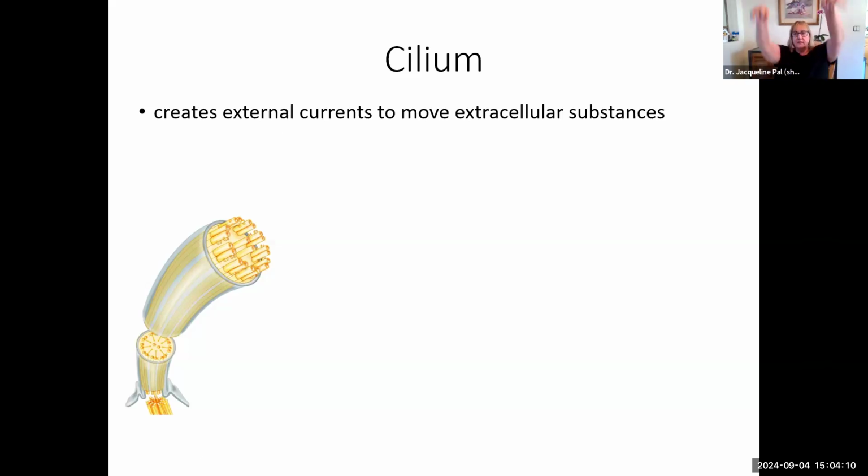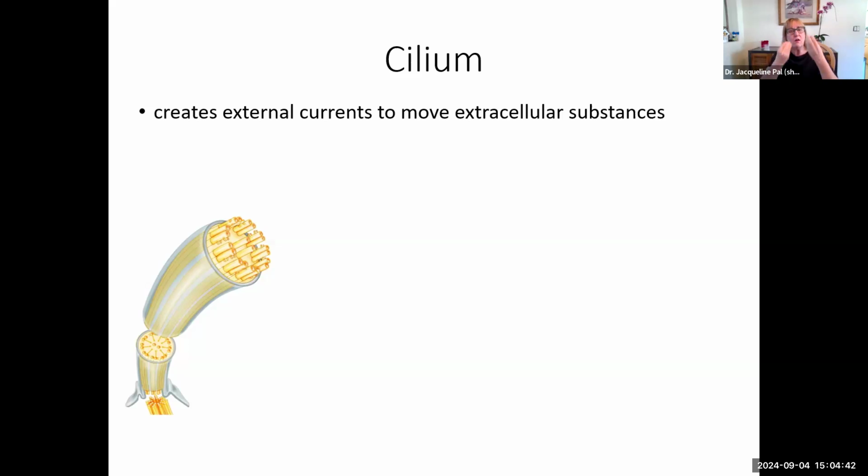So pretend you're a cell and stick your arms up in the air and move them forward, and then whoosh, back, and then move them forward gently and back and forth. If you were in the classroom, I'd have you moving them back and forth. And you would start feeling an air current, because that's what cilia do. They create these external currents. That's their function, to create these currents so they can move substances outside the cell.